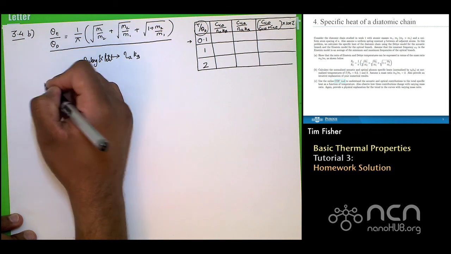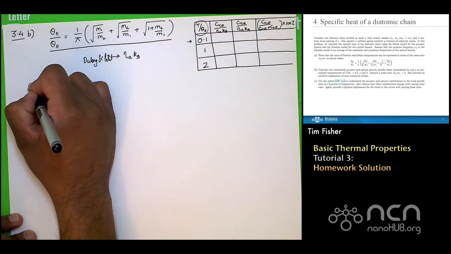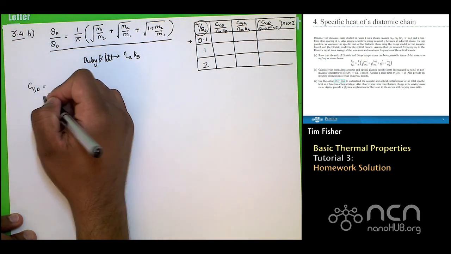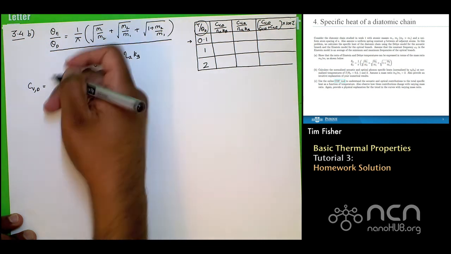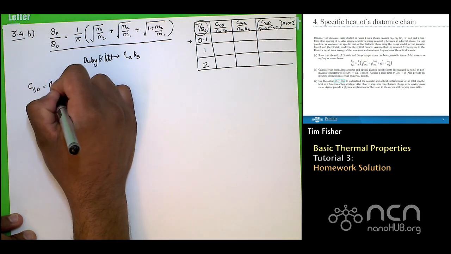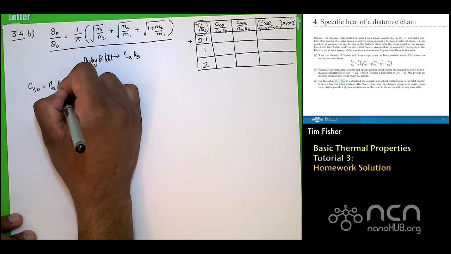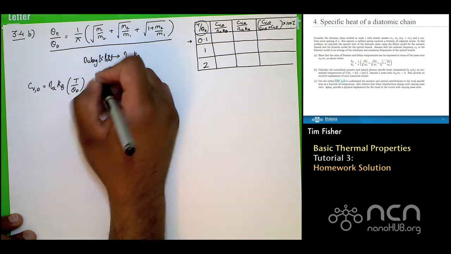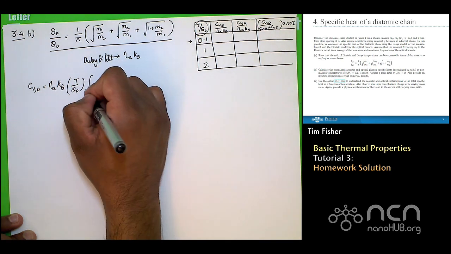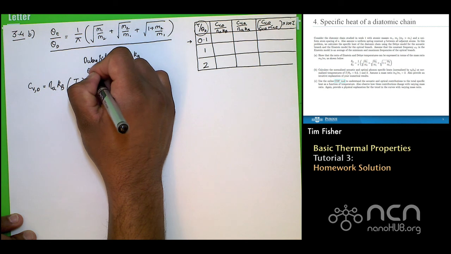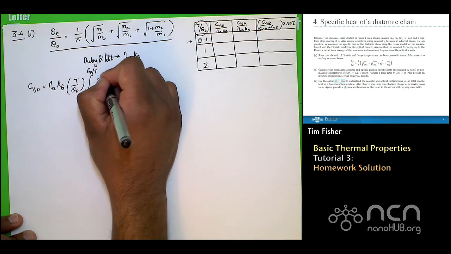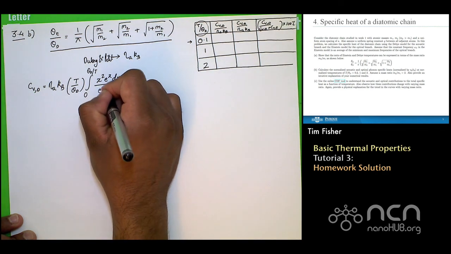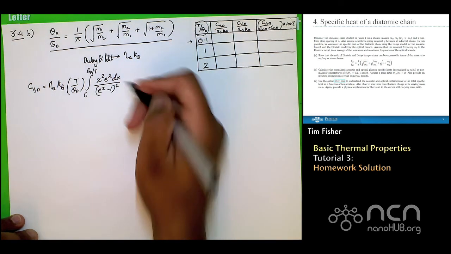Now the specific heat of the acoustic branch is given by C sub V comma D, under the Debye approximation. D stands for the Debye approximation, and this is given by eta A Kb multiplied by T upon theta D, multiplied by the integral from 0 to theta D upon T of x squared e raised to x dx upon e raised to x minus 1, the whole squared.